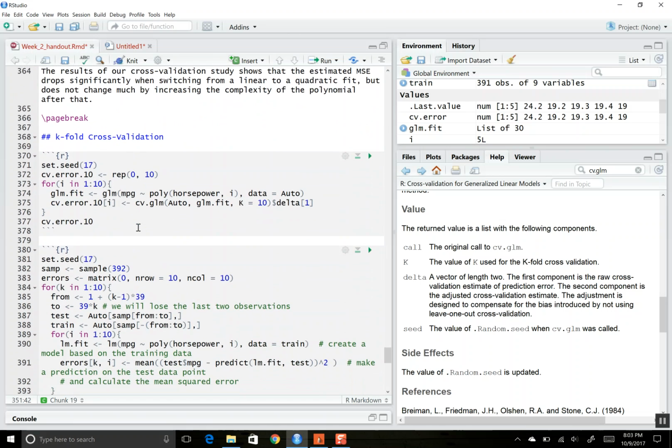We often do 10-fold or 5-fold. 10-fold cross-validation splits the data into a 90-10 split, where you split the data into 10 non-overlapping chunks.